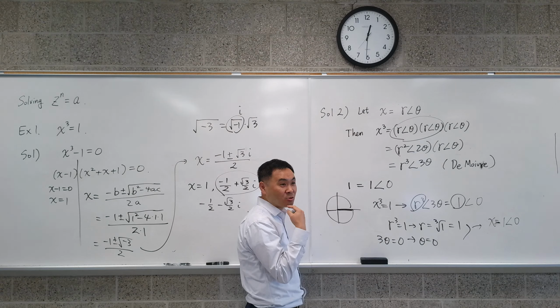Oh, but wait, we need 2 more answers. How do we get the other two answers? Sine, cosine? No, that's too fancy. What's happening is that I wrote down 1 as 1 angle 0, but there was a case where 3 theta ended up being 360 degrees or 720 degrees, right?